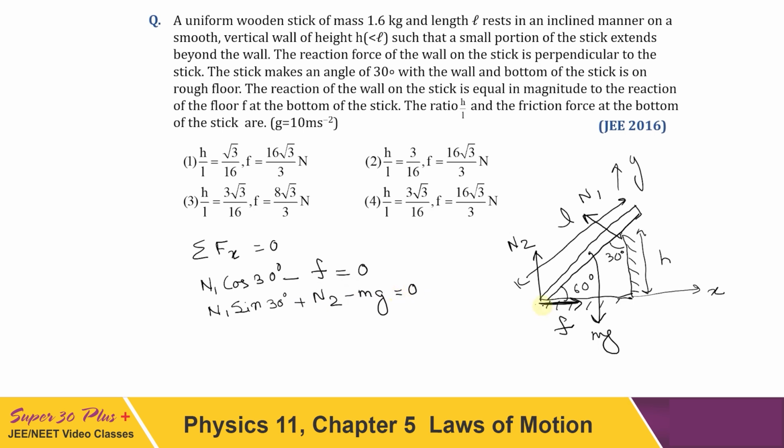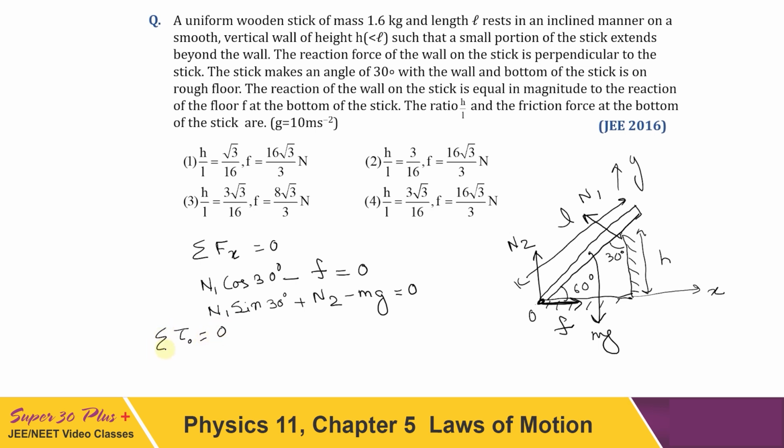Now let us write torque about this point, let that point be O. The rotation has not yet started, but you must have some initial idea of what torque is and how it can be written. It is force multiplied by the perpendicular distance from the point about which we are writing the torque. Net torque about O has to be 0 for rotational equilibrium.